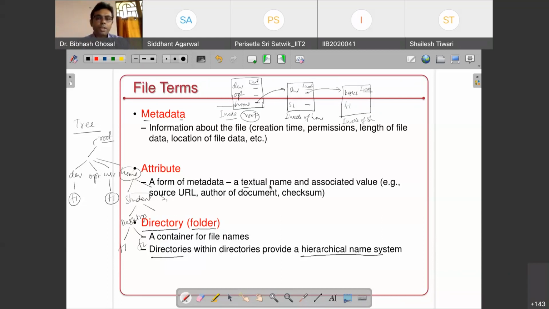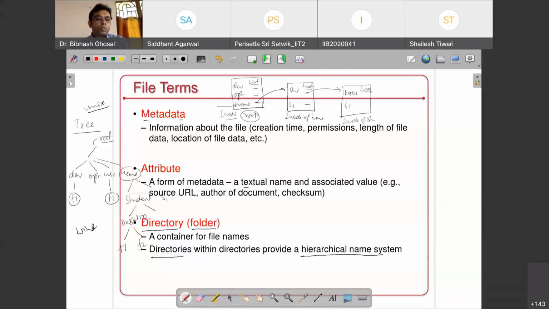Is this clear to everyone? Unix follows this kind of a structure. So the directory names are arranged in Unix following a tree type of structure. We usually call it a single rooted tree, one root.